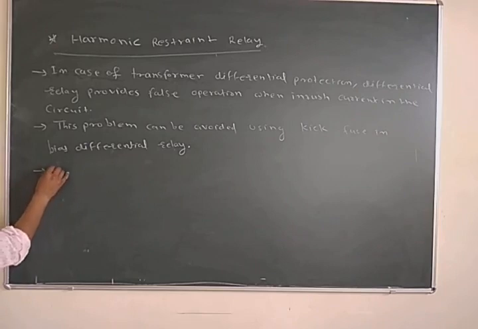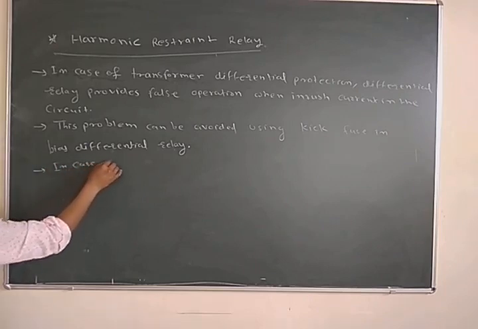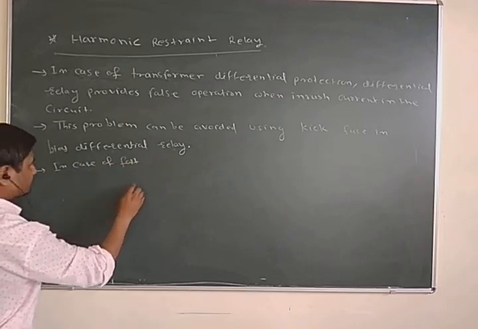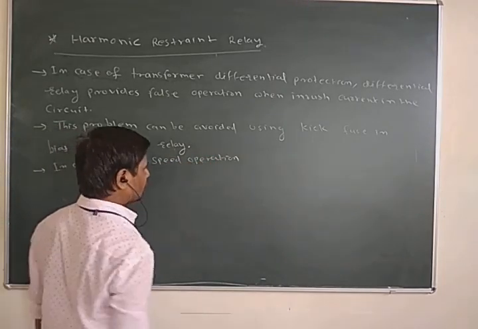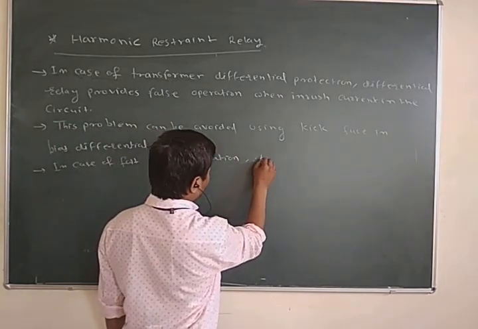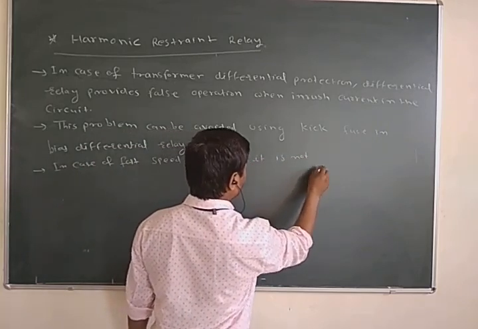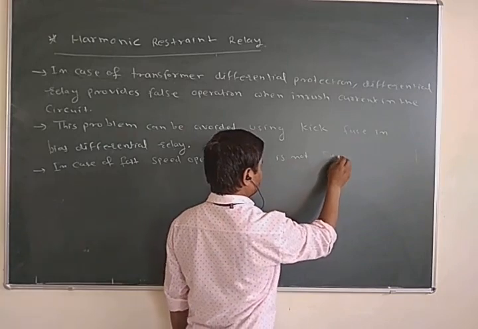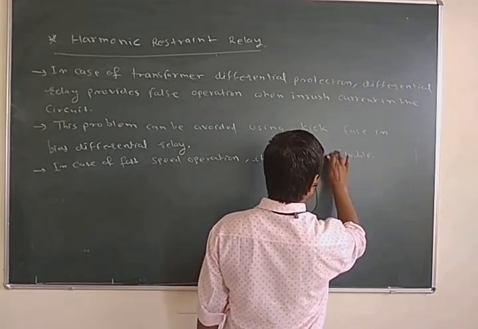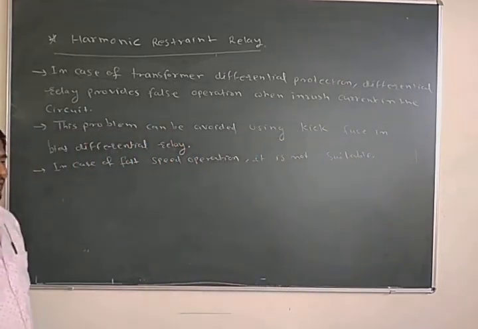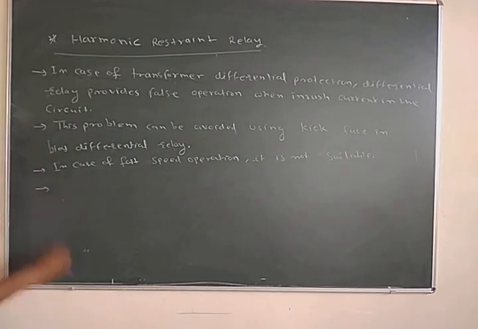In case of fast speed operation, this arrangement is not suitable. So to avoid this problem, now we use a bias differential relay with harmonic restraint feature.